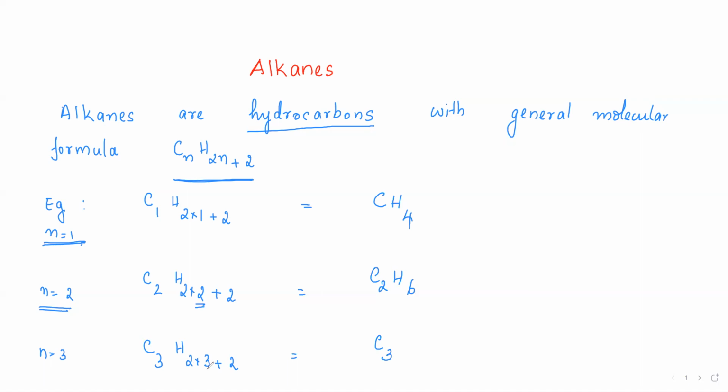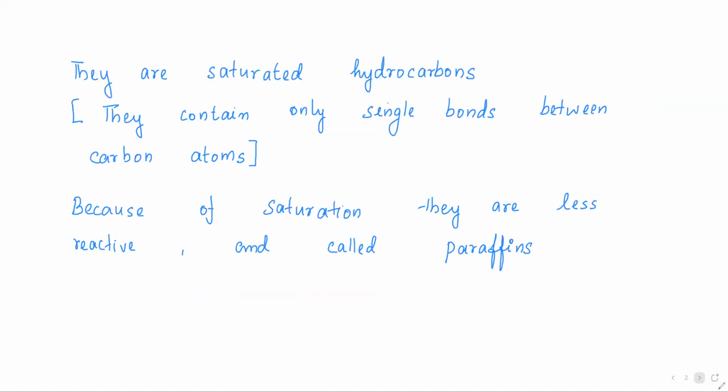C3H(2 into 3, 6 plus 2), C3H8. So, if we know the general molecular formula, the formula of any member in the homologous series of that particular compound can be obtained.